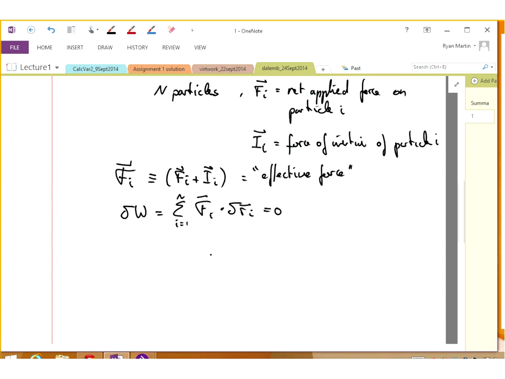So this does not mean necessarily that the FIs are 0, because the delta RI vectors are not independent.